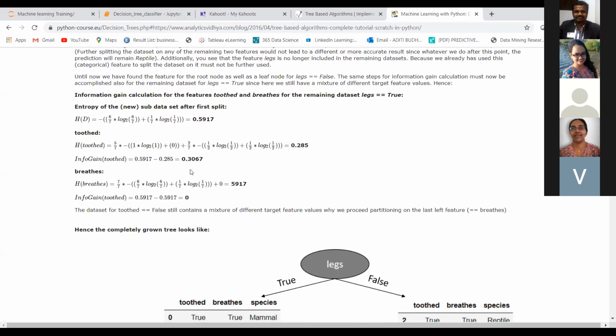Here you see that we have got 0.3 as the information gain for the tooth feature and 0 as the information gain for the breath feature. So you would have guessed it right, the next split will be done based on the tooth feature.